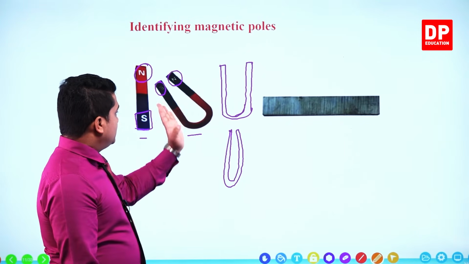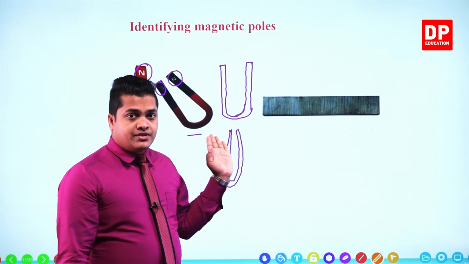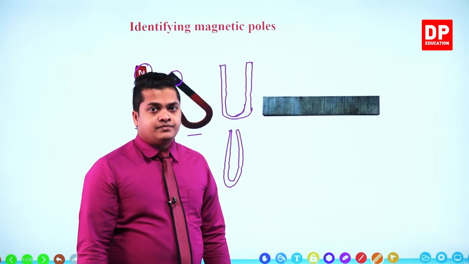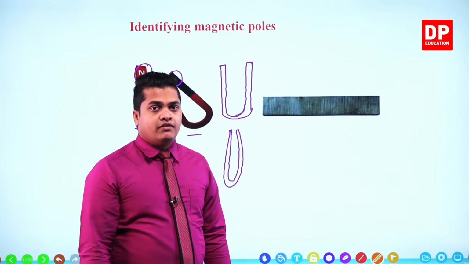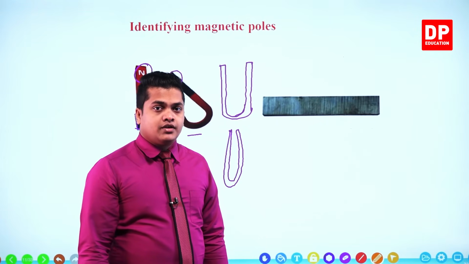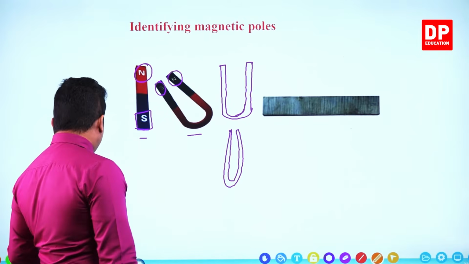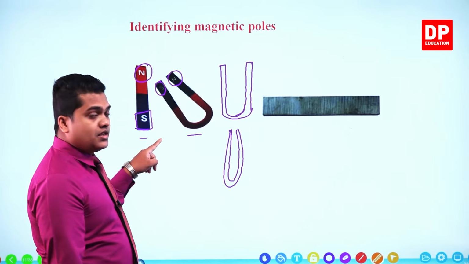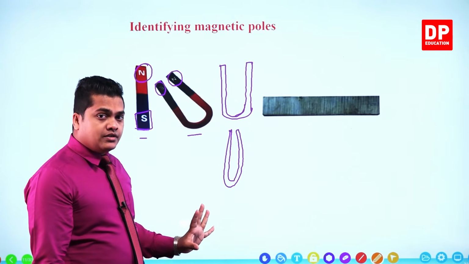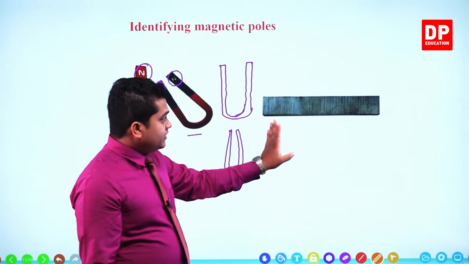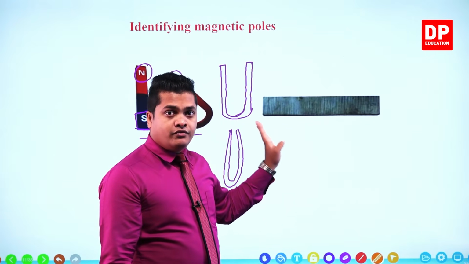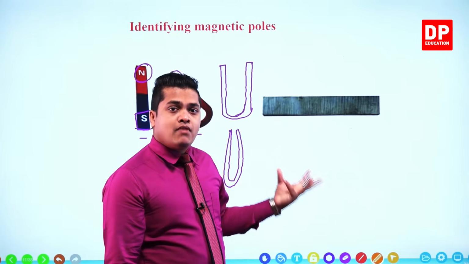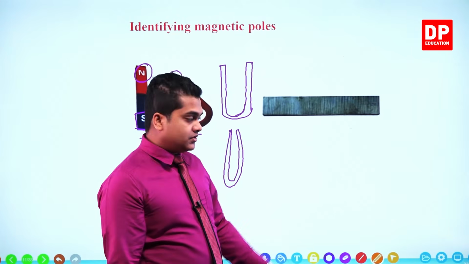The poles are not marked on the magnet. If you take these magnets, here the poles have been marked, and here this is just a magnet without marked poles. There are poles, but they haven't been marked.